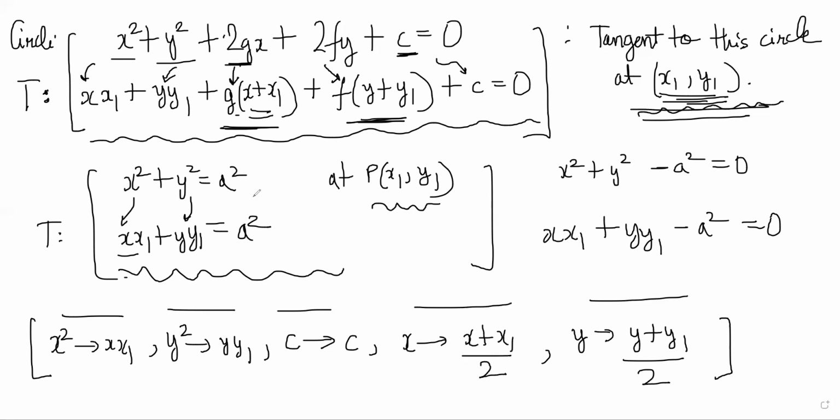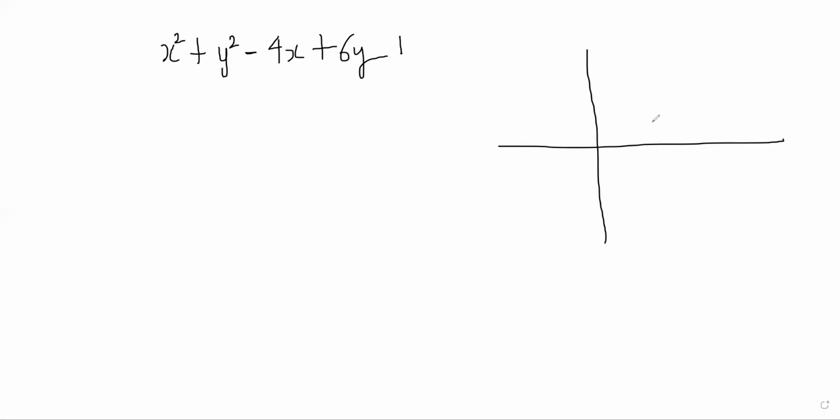Okay. So for example, let's take an arbitrary circle equation, x square plus y square minus 4x plus 6y plus, okay, wait, the problem with the arbitrary equation is I will not be able to get a proper point on it. One second, let me just draw it geometrically and then I will show you how it works.